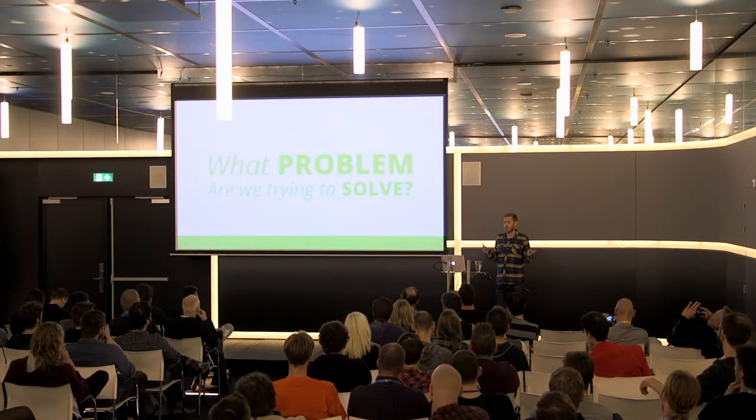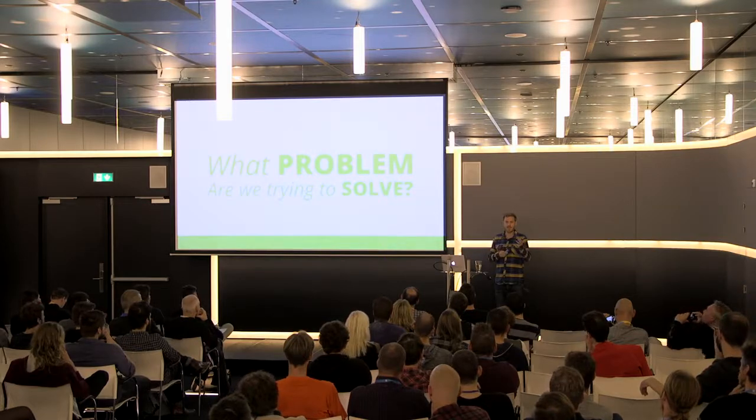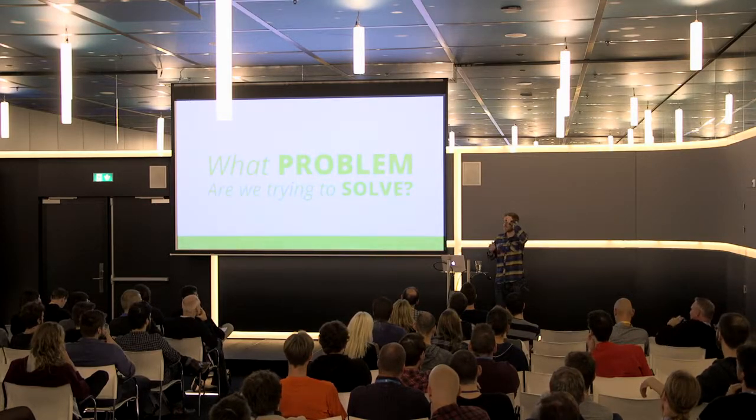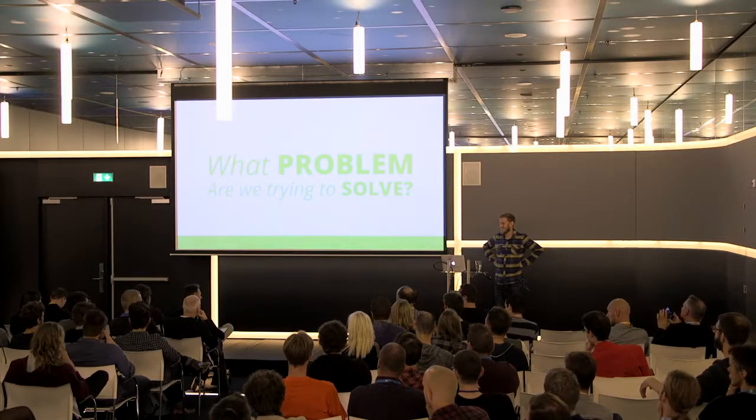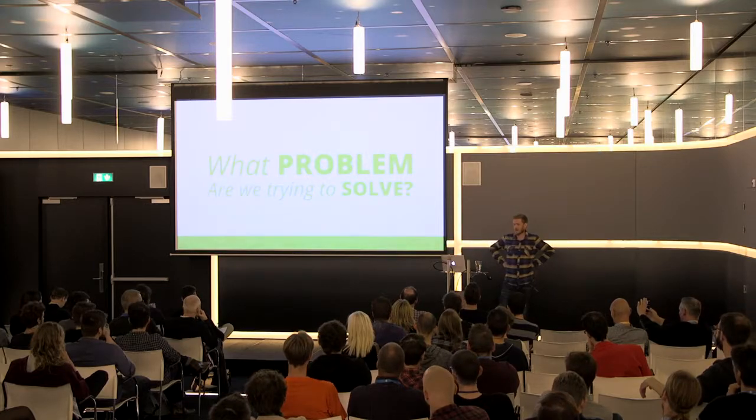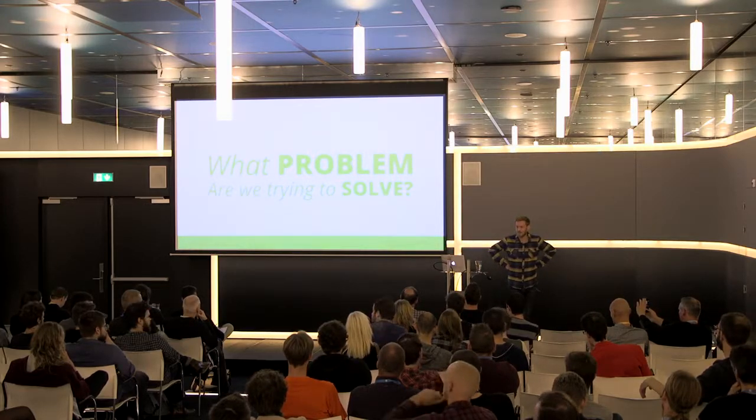But what problem were we trying to solve? Anybody, what problem did you try to solve when you were working with Twig? Templating inheritance. That was it? Yes. Anybody else?